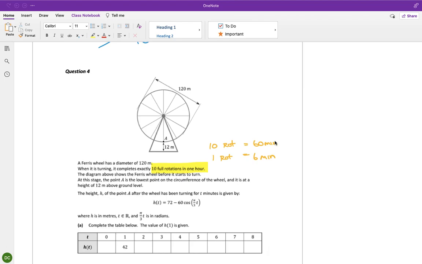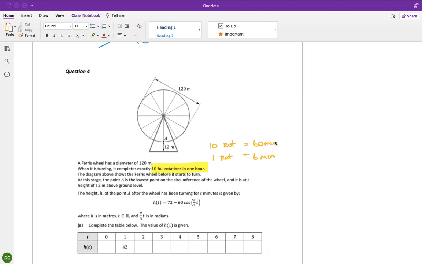Okay, so I'm going to try and type this in using my calculator. Angle unit is radians. So I have 72 minus 60 cos of pi over 3 x.